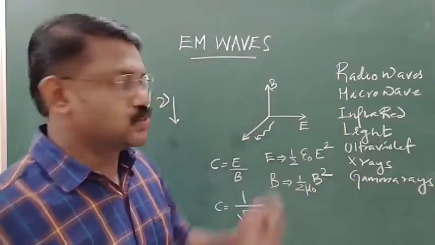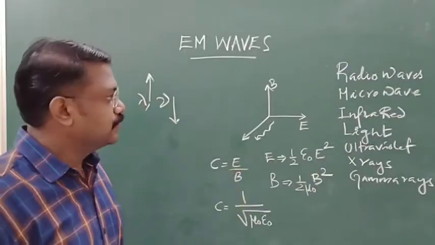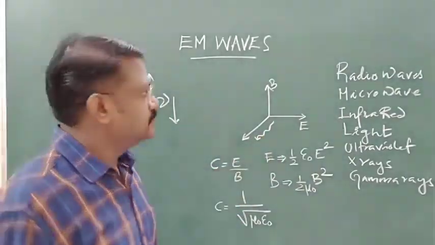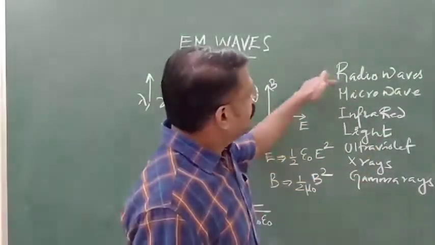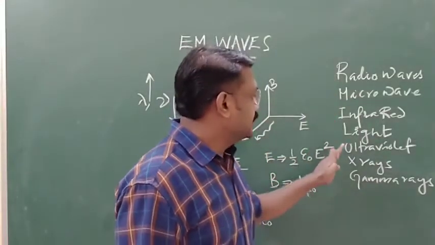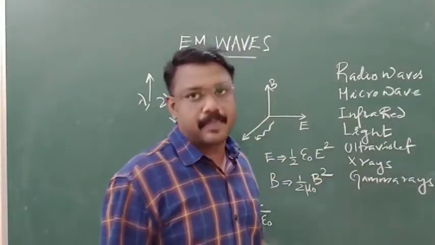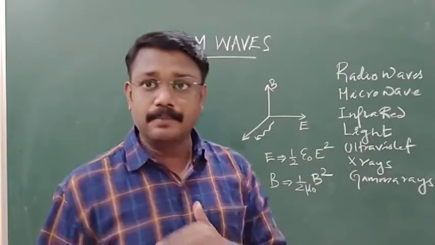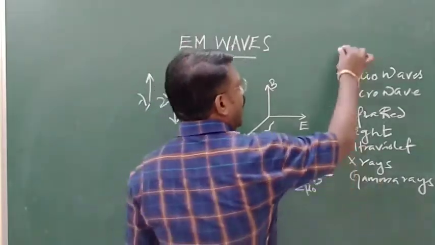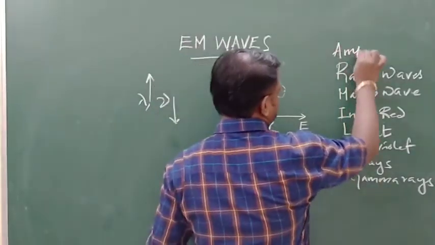You have to remember this order: radio waves, microwaves, infrared, light, ultraviolet, X-rays, and gamma rays. In some classifications, we can have amplitude modulated waves also.